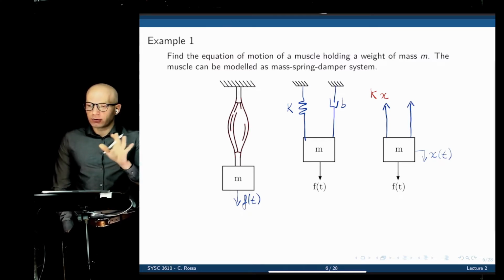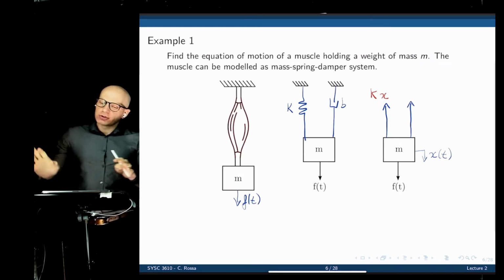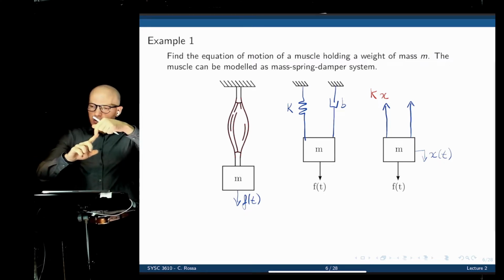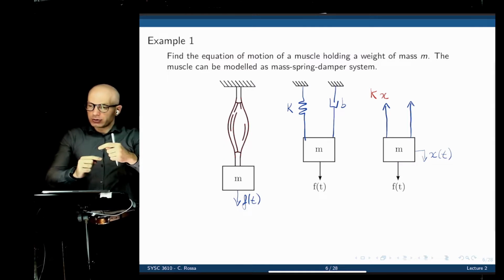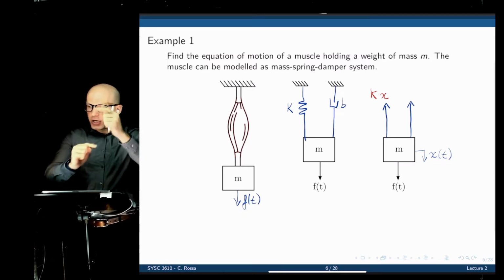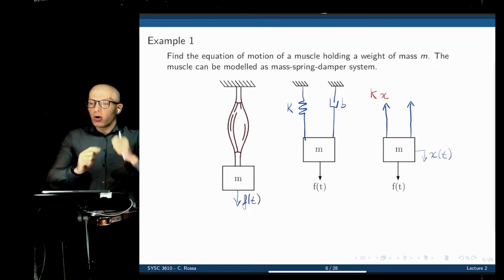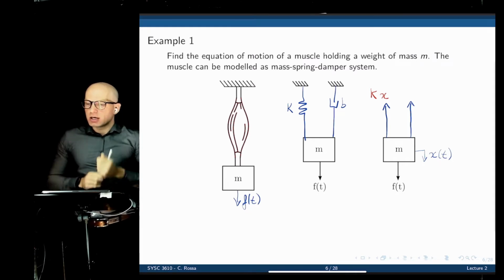Let's just forget about gravity. My question is this: let's go back to the spring. I have a mass connected to a spring. If I move the mass downwards, the spring applies a force to the mass. What is the magnitude of that force? It doesn't depend on the mass. It doesn't depend on how fast the mass goes. It only depends on how much the spring is stretched. So this is K times x.